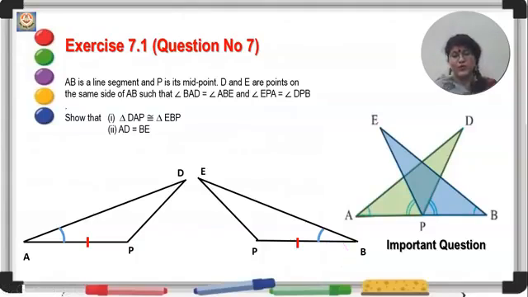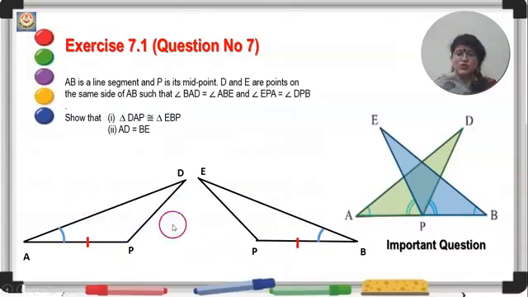So what we are going to do is just put the indications which are known to us. That is, this angle congruent to this, so A congruent to B as shown. And since it is mentioned that P is the midpoint of AB, I have shown PA is congruent to PB. So this is how the figure looks when you separate it out.